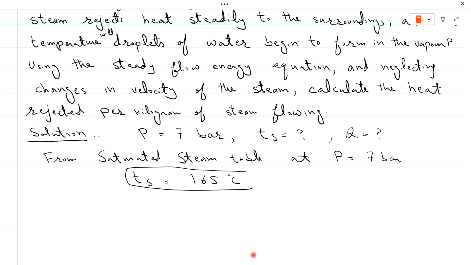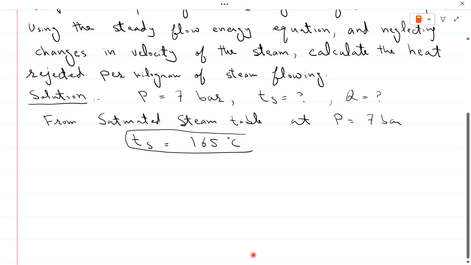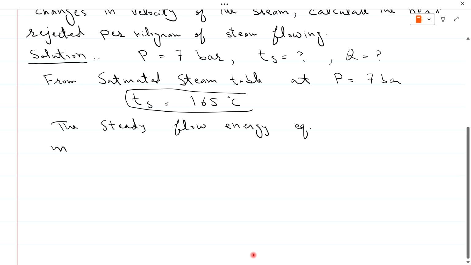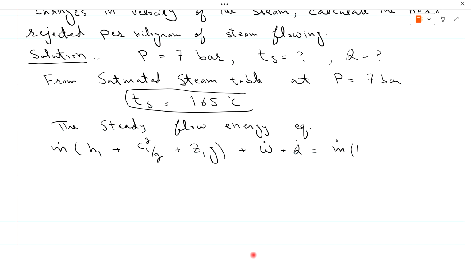Now according to the steady flow energy equation: m dot times h1 plus c1 square divided by 2, where c1 is velocity, plus z1g, plus w dot plus q dot is equal to m dot times h2 plus c2 square by 2 plus z2g.